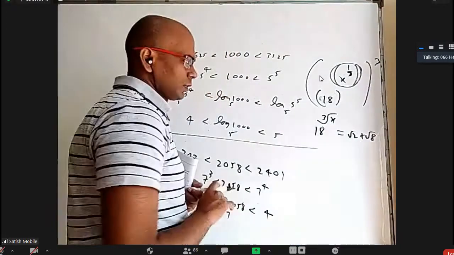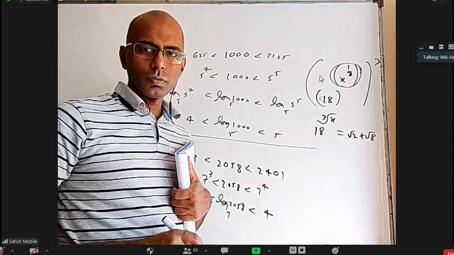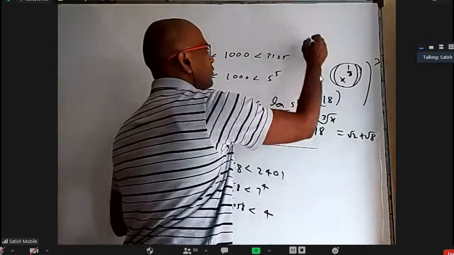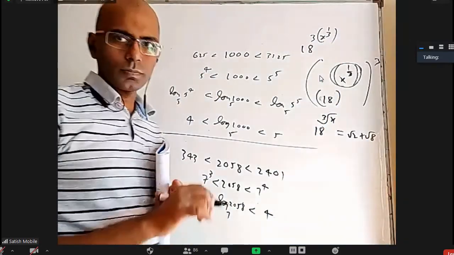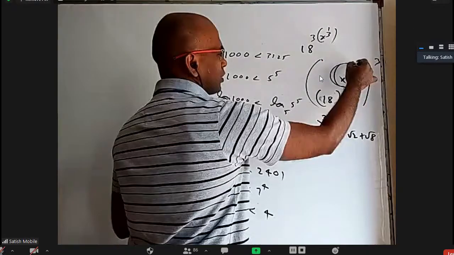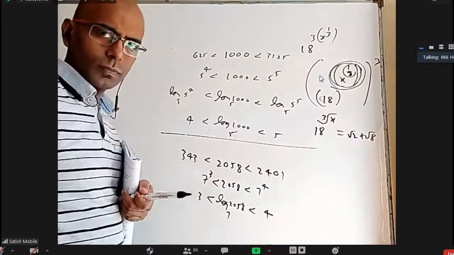Sir, if you cube it, it will become 18 power 3 times x power 1 by 3. Yes, correct, you are right. So when you are doing a whole power, you are not doing it for this part, you are doing it for this total. Sir, so there's no other way to eliminate that 1 by 3?